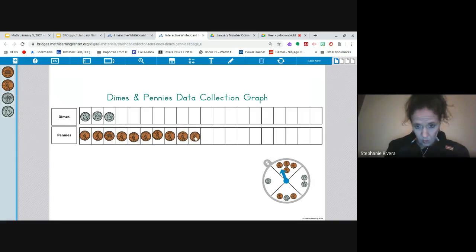Okay, and one more spin for January 1st, and we're all caught up. And a dime and 2 pennies. Lots of pennies so far on our spins.